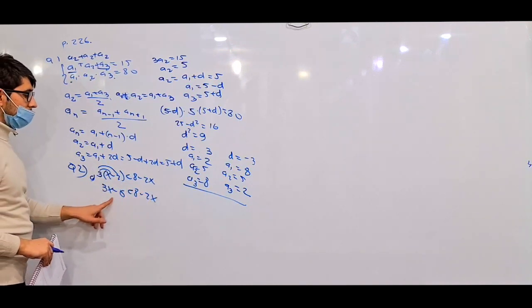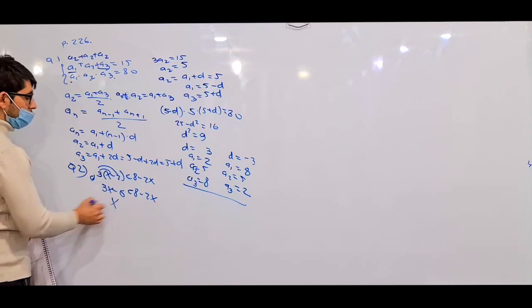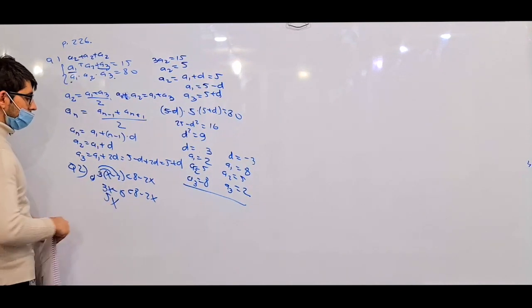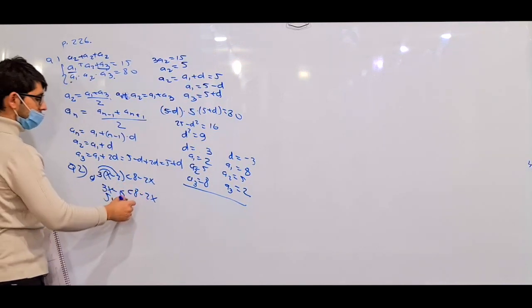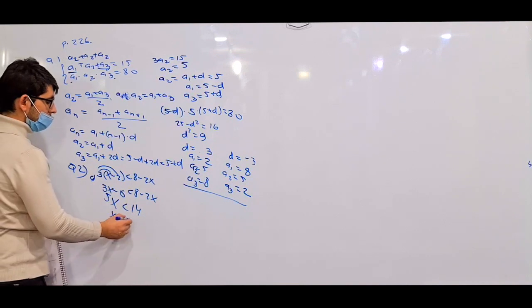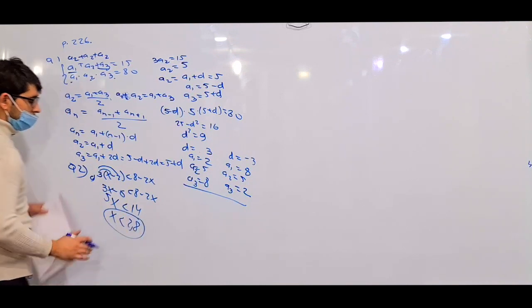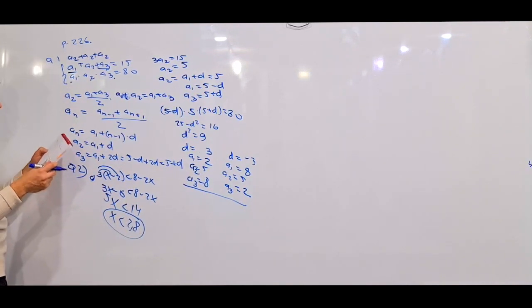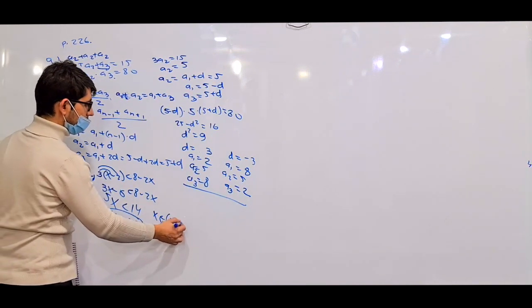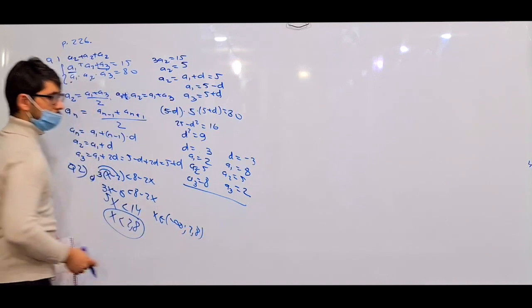You bring unknowns to one side, numbers to the other side. So 5x, 3x plus 2x, less than 8 plus 6, which is 14. You divide by 5, x is less than 2.8. Done. So the set of values: x belongs to the set from minus infinity to 2.8.